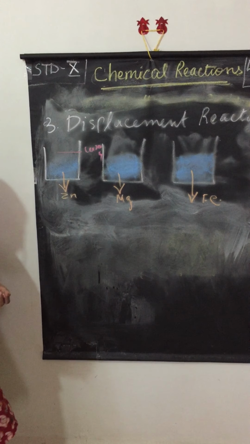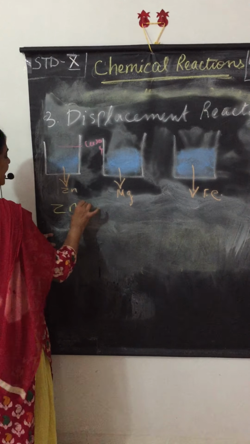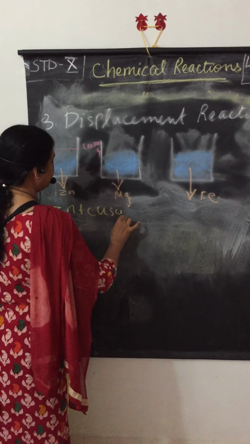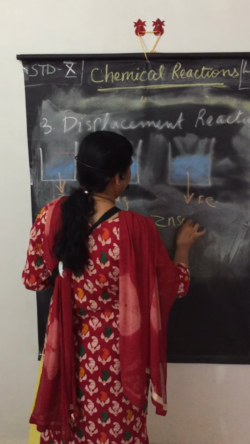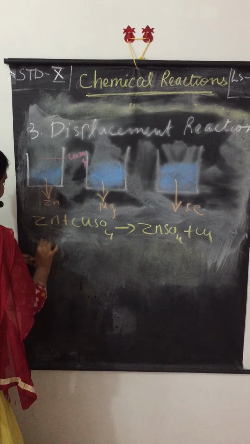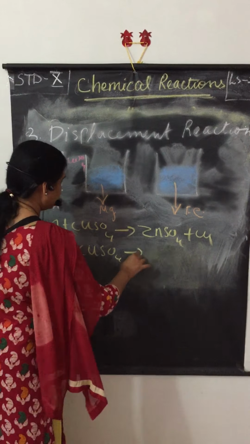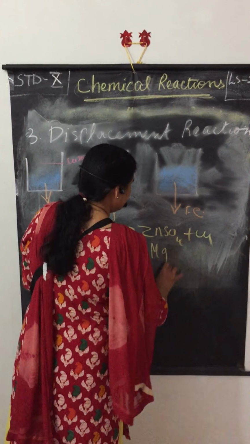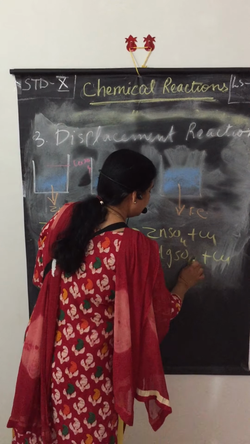Now let us see the equations. Zinc reacts with copper sulfate solution to give zinc sulfate plus copper. In a similar manner, magnesium reacts with copper sulfate solution, which gives MgSO4 plus copper.